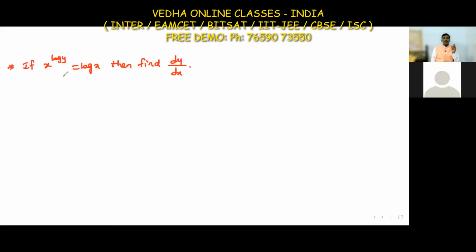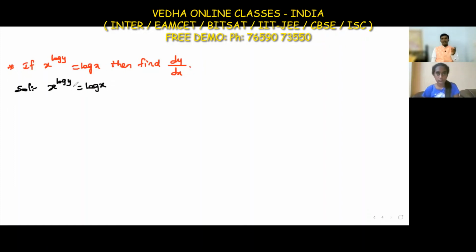If x to the power log y is equal to log x, then find dy by dx. So what is given here? x to the power log y is equal to log x. In this question, if you observe carefully, the base is a variable and the power is also a variable.